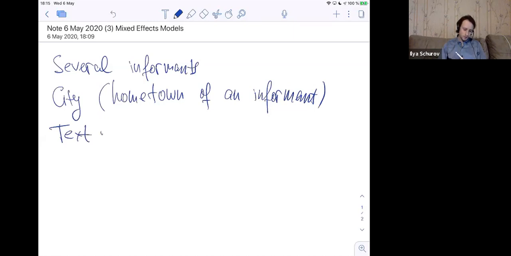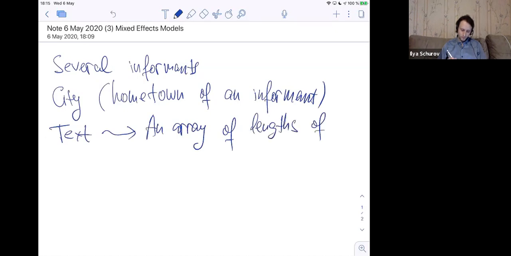And so for each text, we have an array of lengths of sentences.